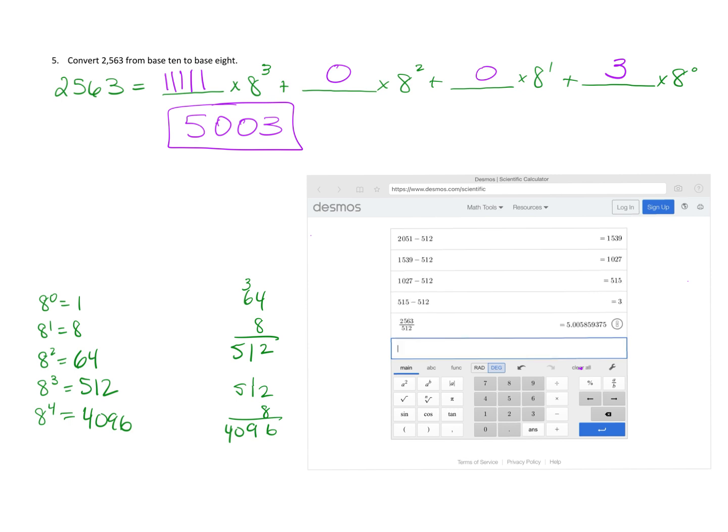It's 5 complete times with some remainder, because there's a decimal, so 5 full times. That's where this number 5 comes from. Then you have to figure out the remainder, which means you'd probably do the long division by hand. Or you could say 512 times 5 is 2,560, and then the remainder is 3 because 2,563 minus 2,560 is 3.